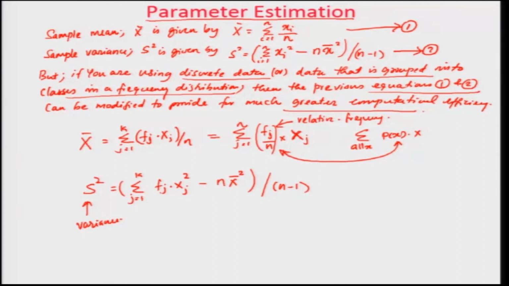Here f j is the frequency and x j is the individual observation. You use n minus 1, which is the degrees of freedom. I hope you understand that. If you know the mean and the standard deviation, quite a lot of distributions can be dealt with. The suggested estimators for various distributions are given here.